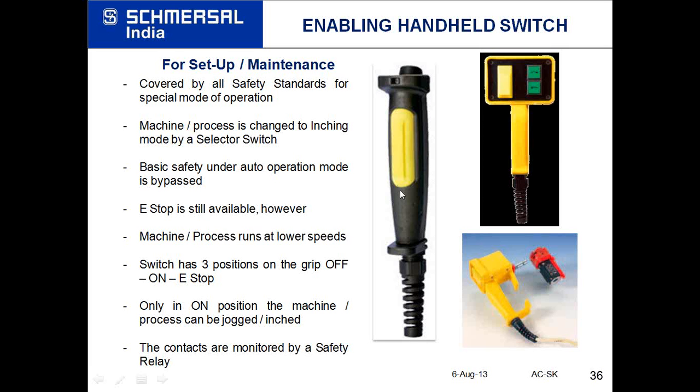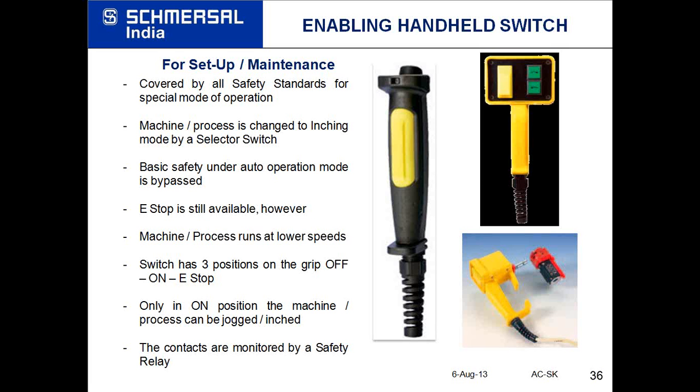has got 3 positions. Okay, and the 3 positions are the first position, which is off, definitely. When you press it slightly, it is on, and if you press it further, then it goes to emergency stop.